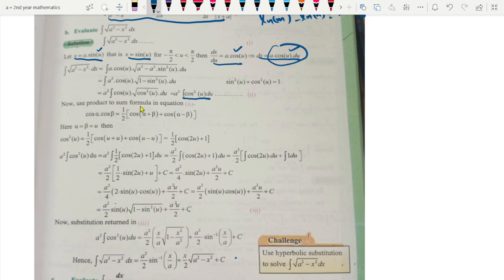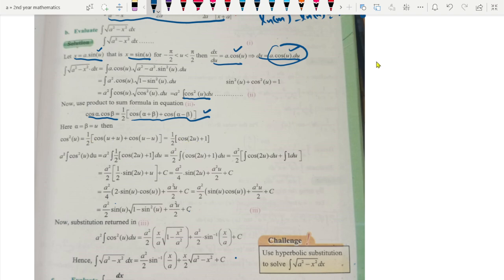Now use the product to sum formula. We know that cos alpha cos beta is equal to this. In place of alpha and beta, we will put u. So cos² u is equal to 1 divided by 2 times cos of (u plus u) plus cos of (u minus u), which is 1 divided by 2 times (cos 2u plus 1).